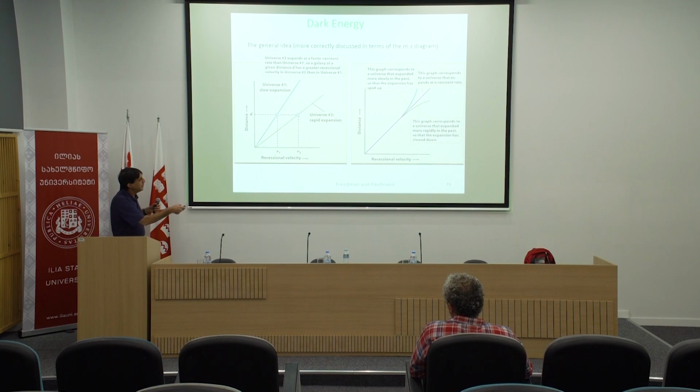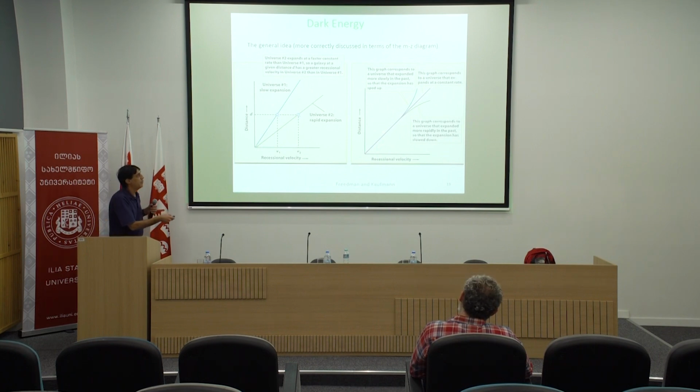Or it could be that in the past the universe expanded more slowly, like the blue universe over here, and as it got to the present, the slope changed closer to the green universe slope. And so you have an accelerated expansion. Or it could be that in the past, the expansion was more rapid, and then as you got closer by, the expansion slowed down. And so you had a decelerated expansion. So this is accelerated, that's decelerated.